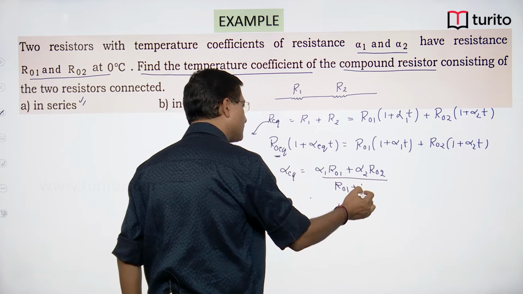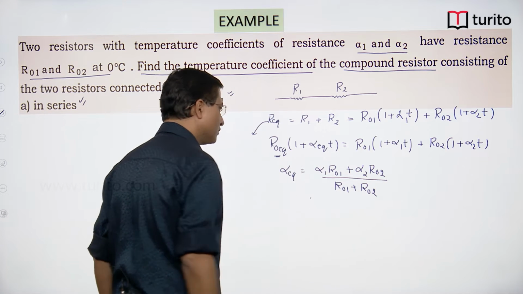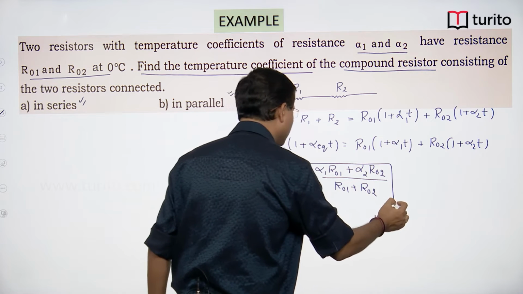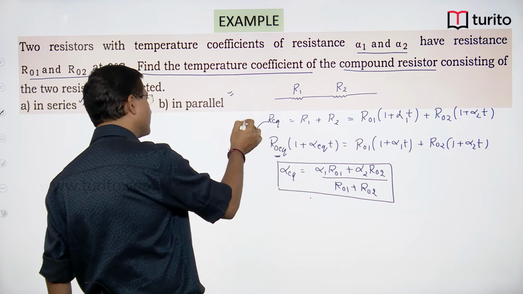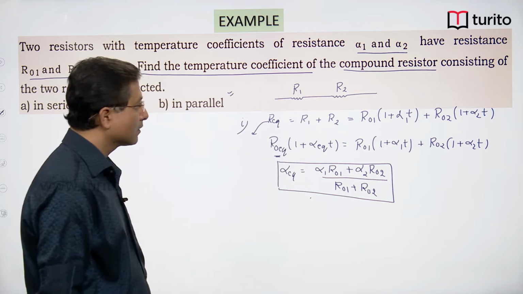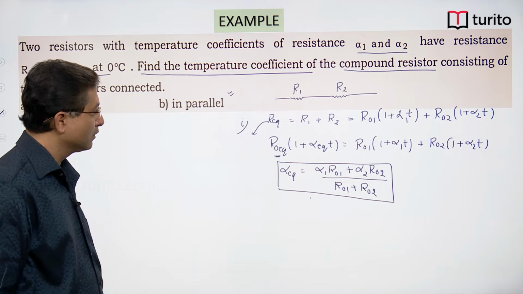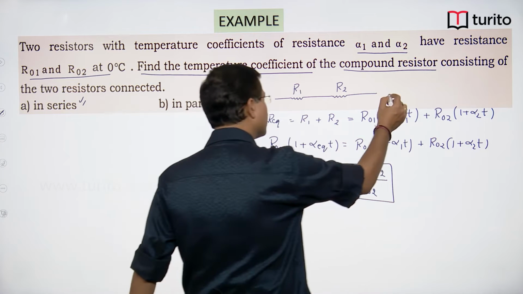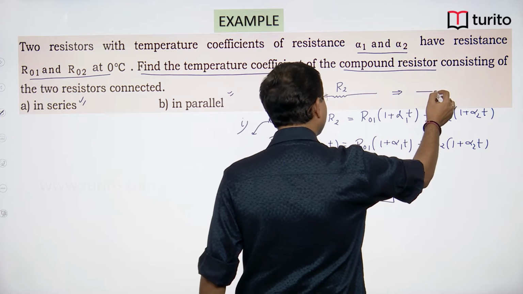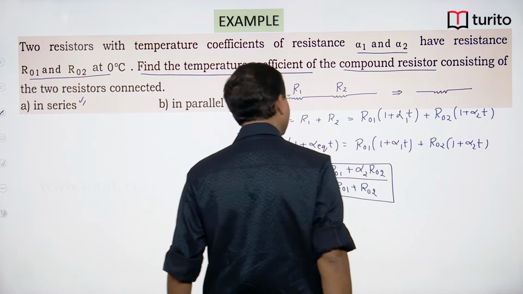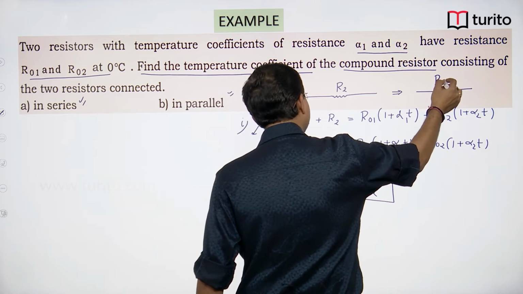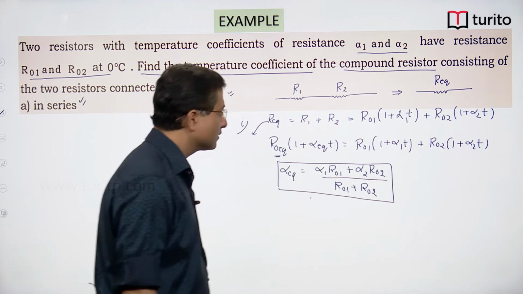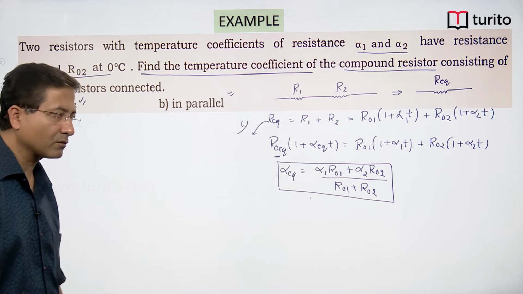This is what you are going to get in the first part, right. So, this is the alpha equivalent of this combination, meaning I want to replace these two resistors by a single resistor R equivalent. What would be the alpha equivalent for this arrangement? This way I can calculate.